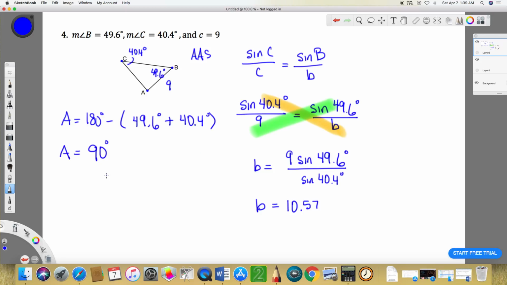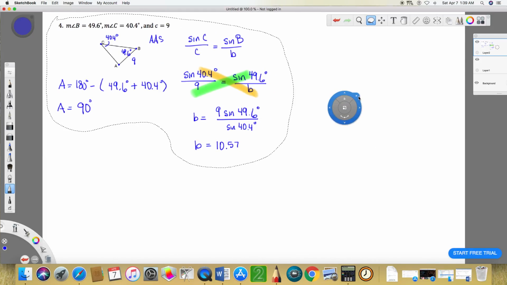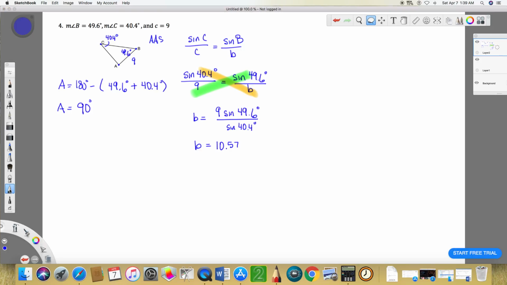All right, so here, let's shrink this up a little bit so that we can have some more room. I'm going to return to that given pair, the c's. I've got the sine of C divided by c is equal to the sine of A, which we know to be 90, over a.